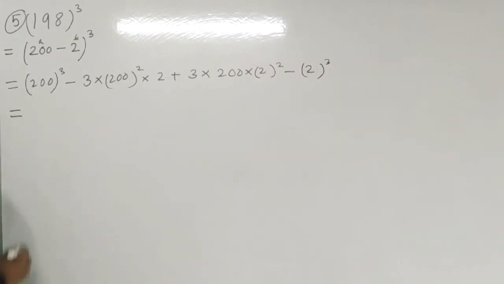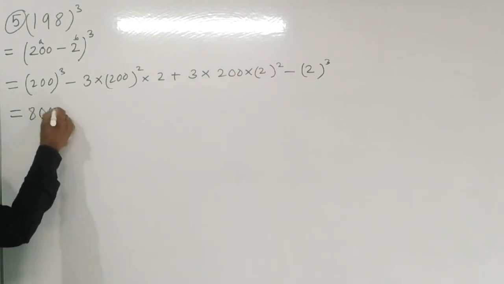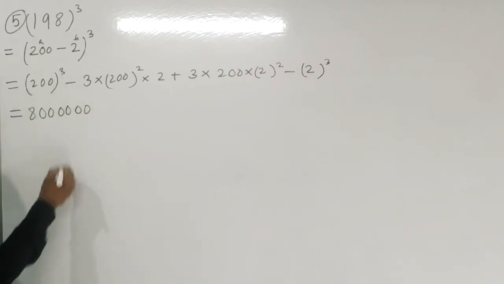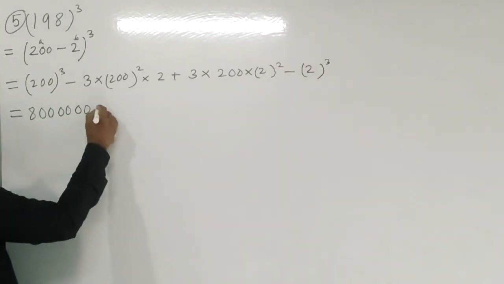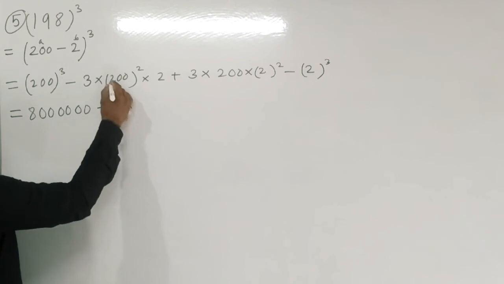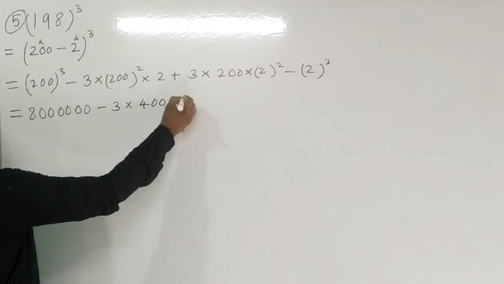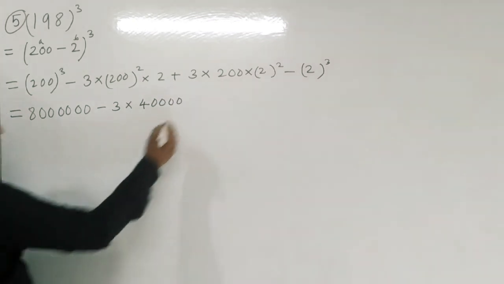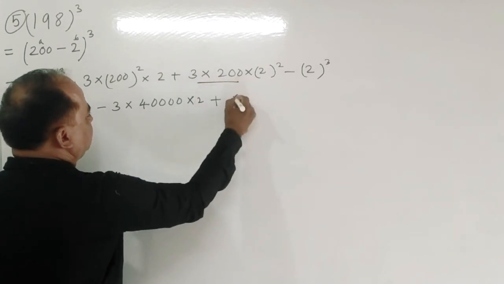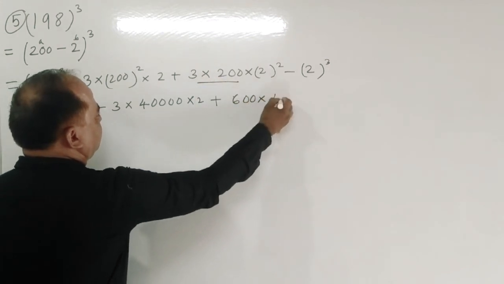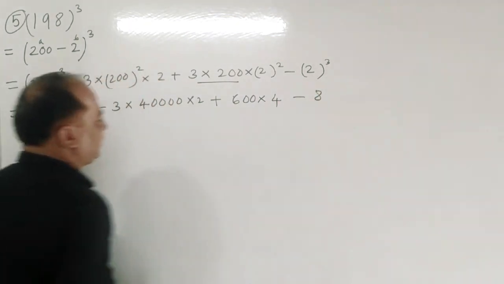Now the cube of 200 is 200 into 200 into 200, which is 8,000,000. Then 2 cube is 8, minus 3 into 200 square, 200 into 200 is 40,000, into 2, plus 3 into 200 is 600, into 2 square is 4, minus 2 cube is 8.